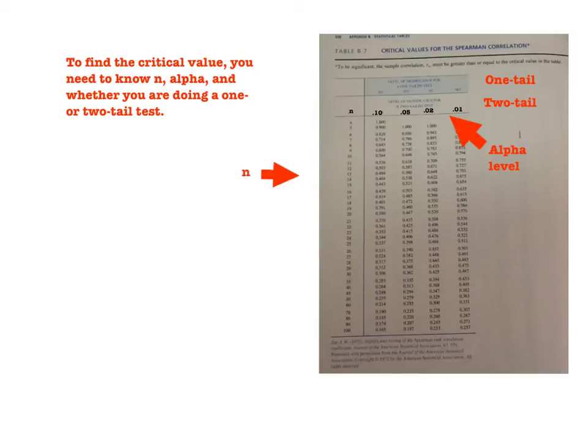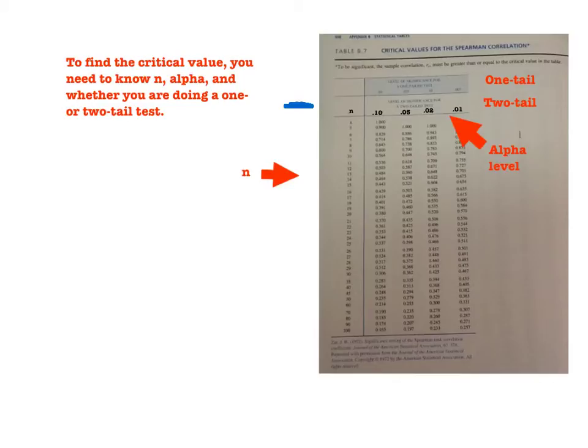In order to find the critical value for a Spearman coefficient, you go to table B7 in the back of the book. There you'll find the critical values, and remember that for Spearman we have to know n, not degrees of freedom. So n is the index value there.